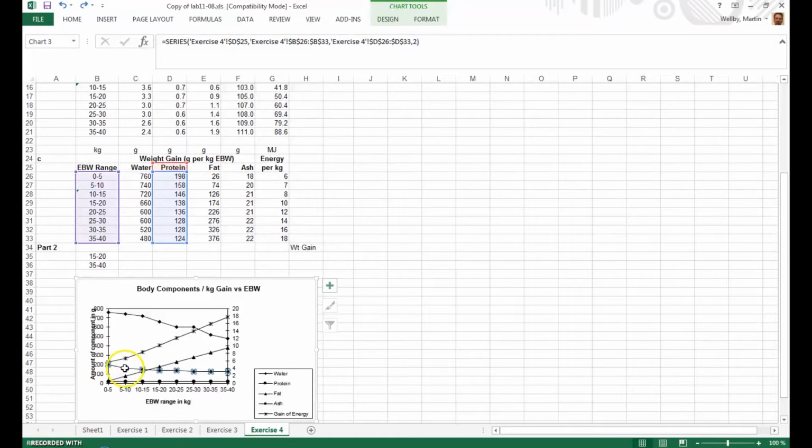So this is the protein gradually dropping as your animal gets bigger and bigger. Here we have the fat, which is increasing. This one here is the body energy. Because most of the energy is in this fat, then the body energy is going up at the same sort of rate. And this one here is the water.